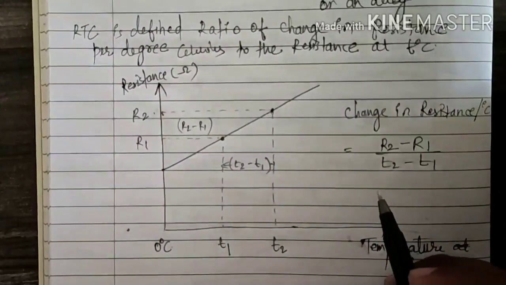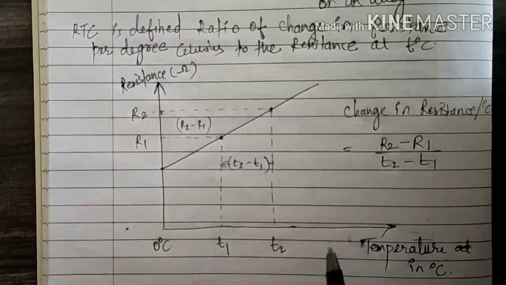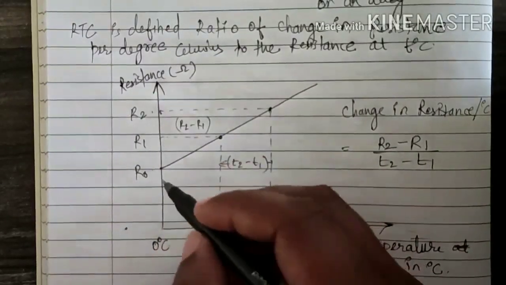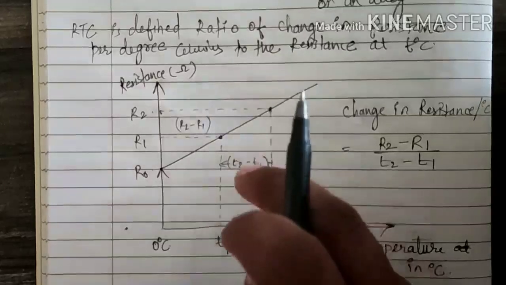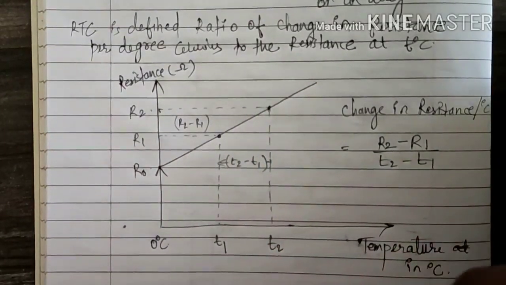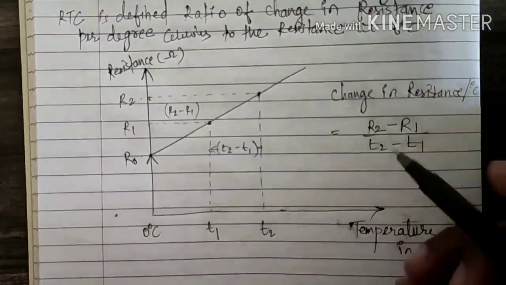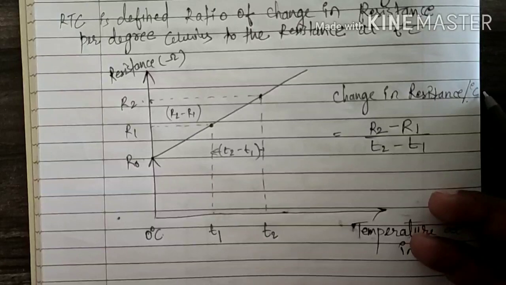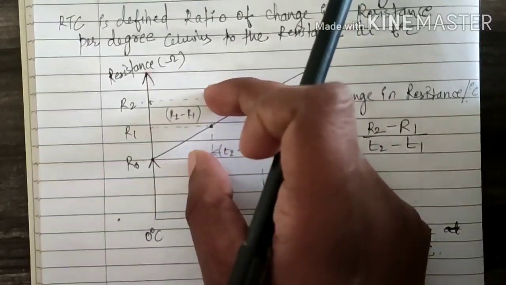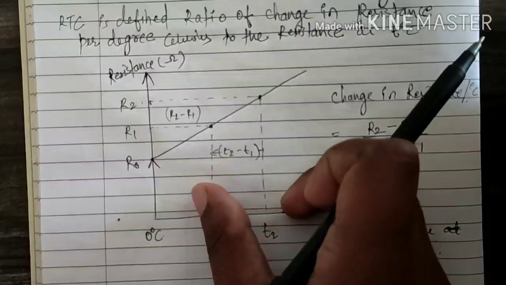This is how the RTC graph is represented. So the change in resistance per degree Celsius is the ratio of R2 minus R1 upon T2 minus T1.